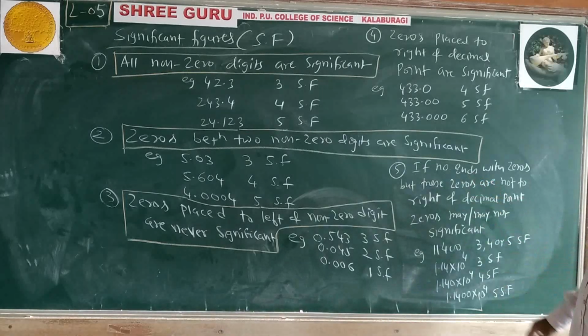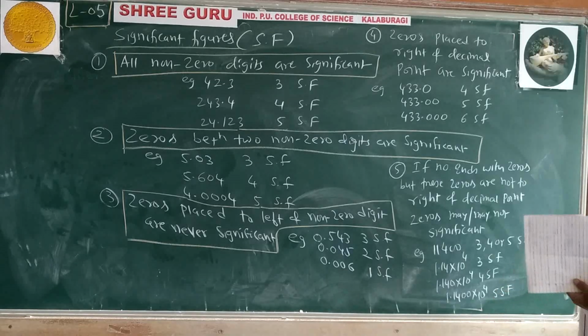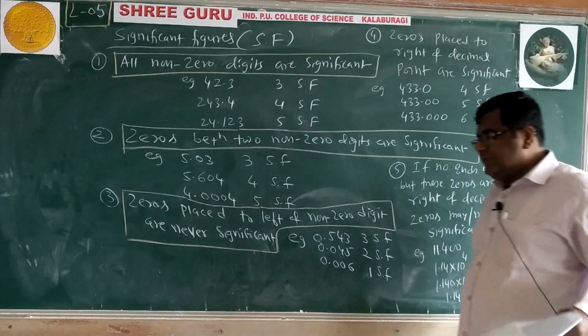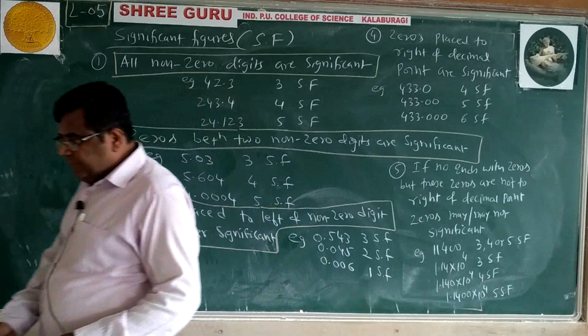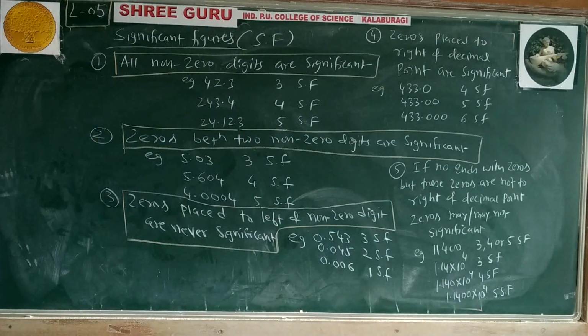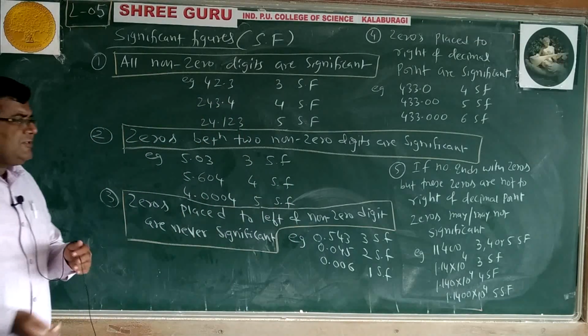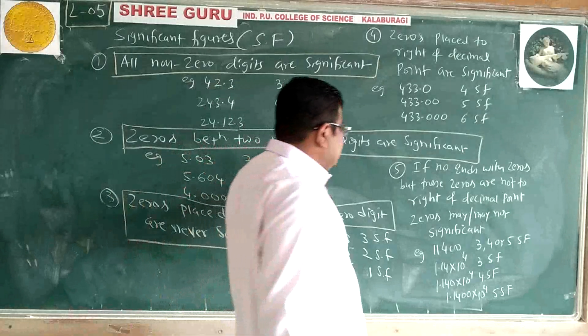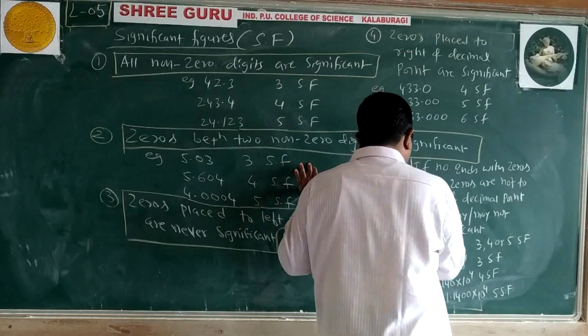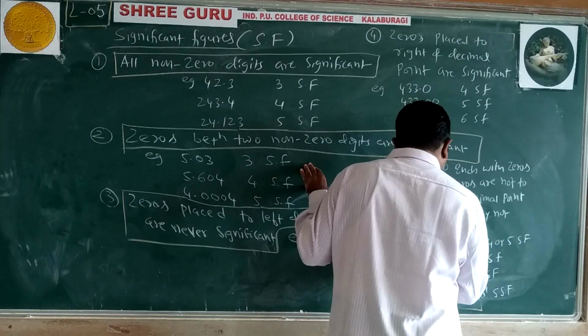So if a number ends with zeros, but these zeros are not to the right of the decimal point, then we have to consider that these zeros may be significant or they may not be significant.